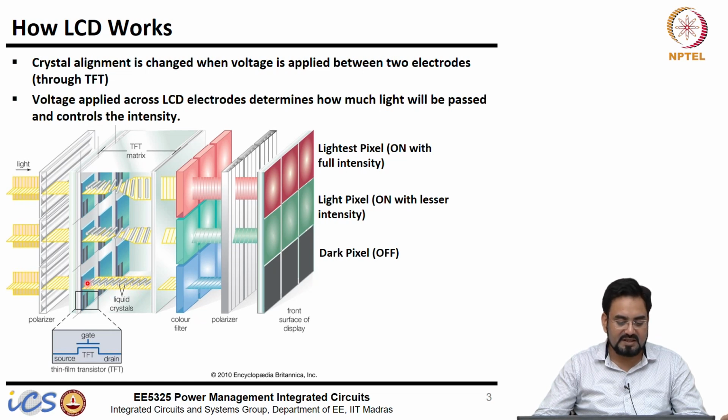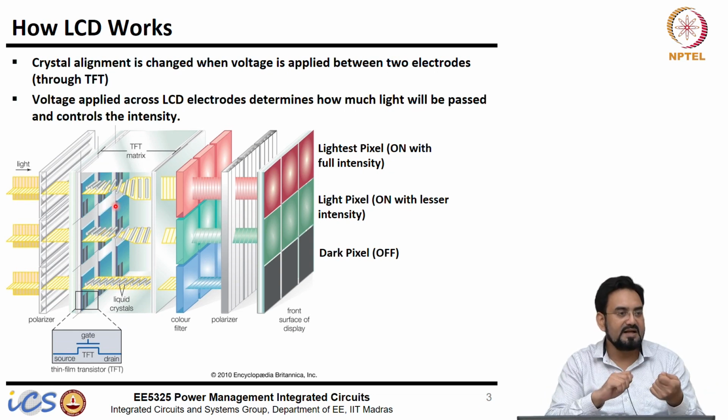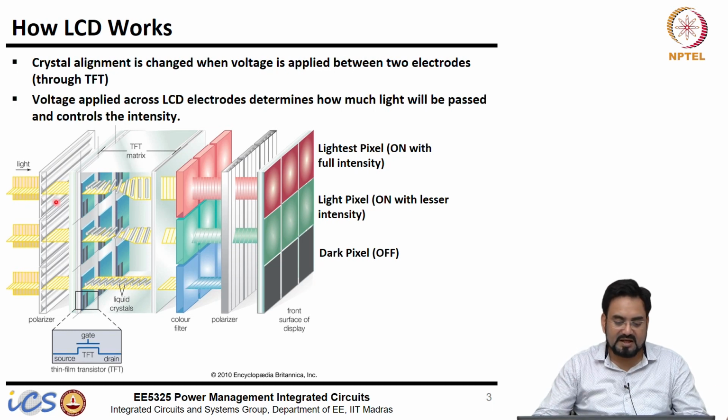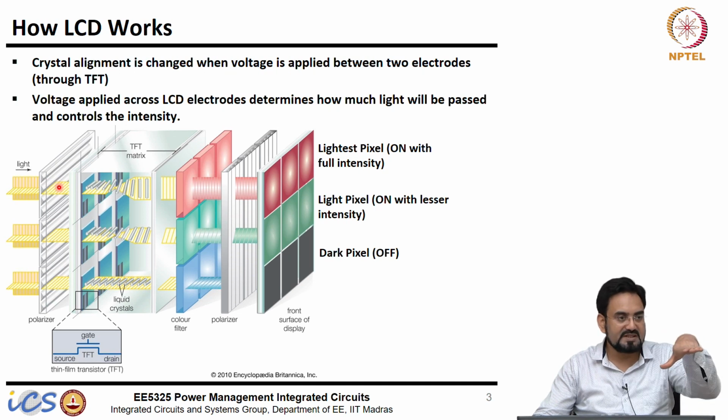So what would happen, let us say you apply a full voltage. When you apply a full voltage, they will twist by 90 degrees, and these polarizers are placed with 90 degree orientation. So this is horizontal and this is vertical, which means if I am throwing a light, let us say left hand side is your backlight, now when you throw a light from this side, the light beams will be horizontal.